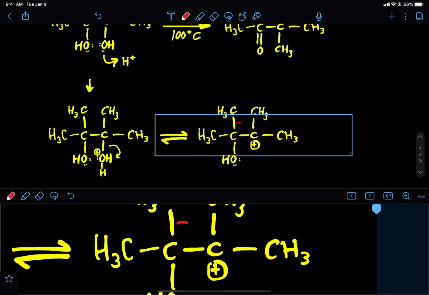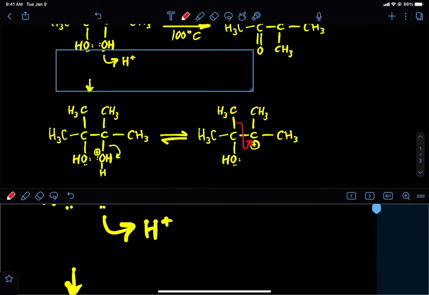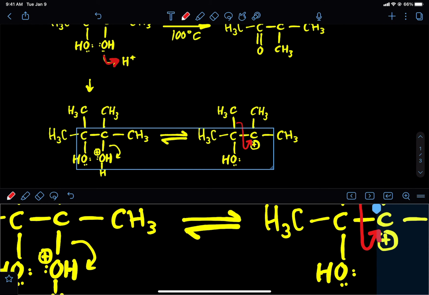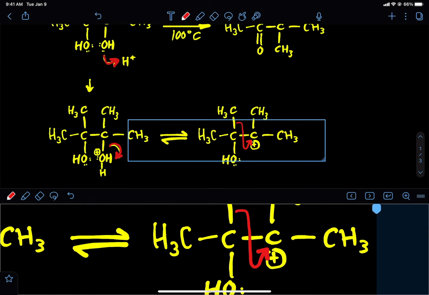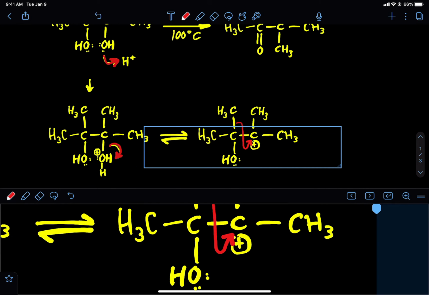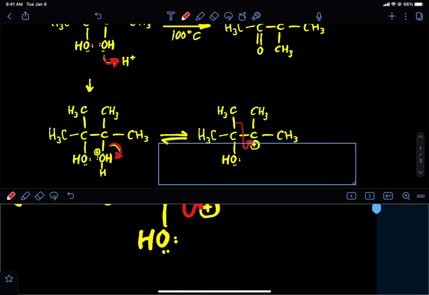So this methyl group is going to move there. Protonate. Water leaves. We have the tertiary carbocation. The methyl group migrates. Let's look at what we have now.